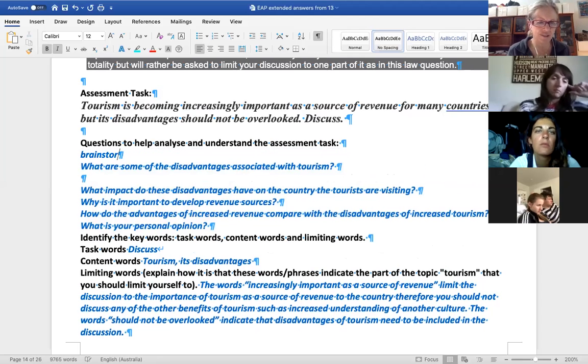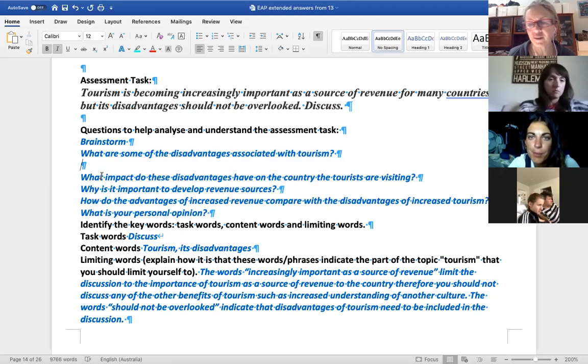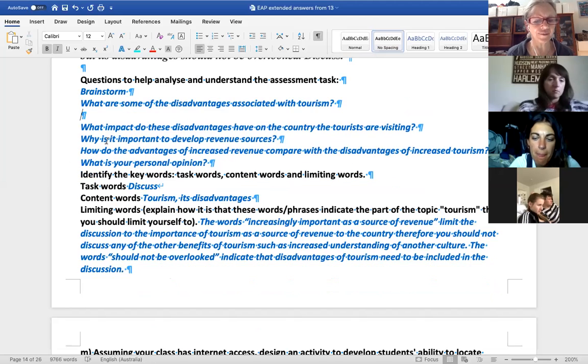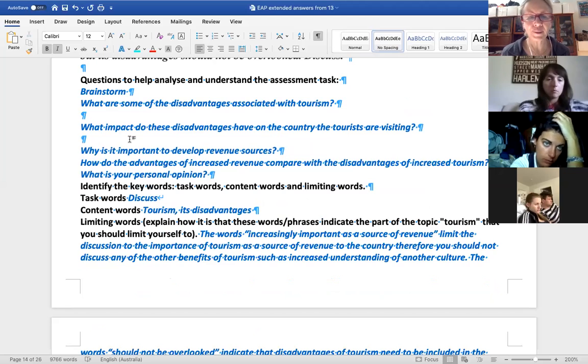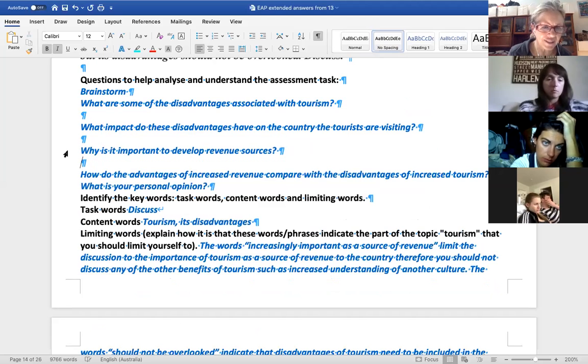So you ask these questions and then they'll list some disadvantages, you know, pollution and too many people using our facilities, resources. And what impact do these disadvantages have on the country the tourists are visiting? So lack of food, people using the resources that you have. And why is it important to develop revenue sources?